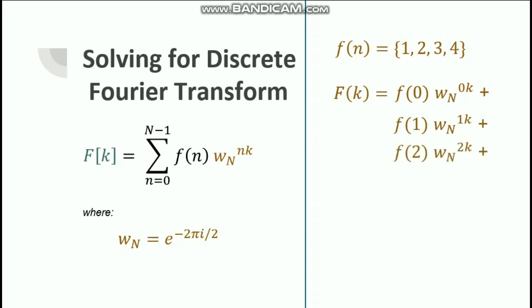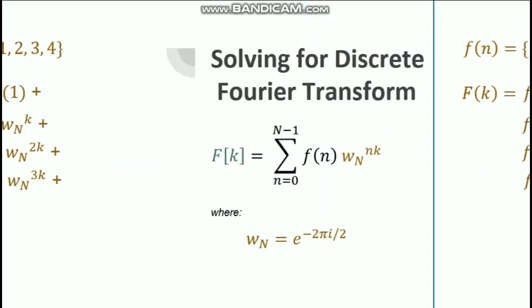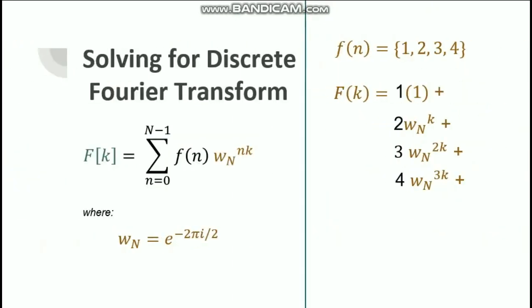Next, f of 2 multiplied by omega raised to 2 times k. And then f of 3 times omega of n raised to 3 times k. So simplifying the equation, it will give us 1 times 1, 2 times omega of n raised to k, 3 times omega of n raised to 2 times k, 4 times omega of n raised to 3 times k.